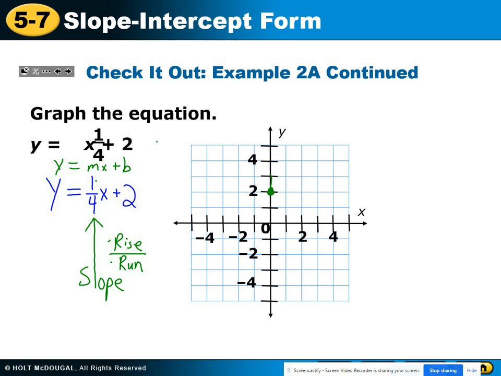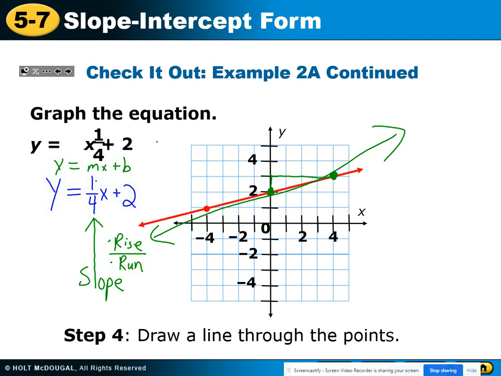How many do we have run over now? 4. Do you see how I get another point there now? I've got 2 points. Then I can draw a line, right? Is that a positive slope like I'm supposed to have? Yep. And I'd say we did pretty good. That one went really smooth. Good job, ladies and gentlemen.